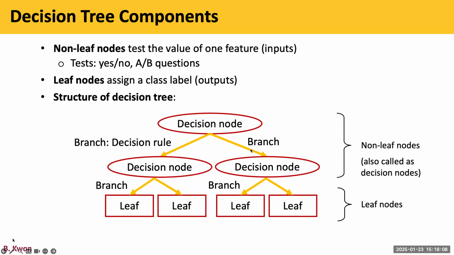The node is split into multiple branches, and after going through multiple nodes, your input will arrive at a certain leaf node. The leaf corresponds to the output. The decision node directs your input based on its test, which can be a yes or no question, or an A or B question.